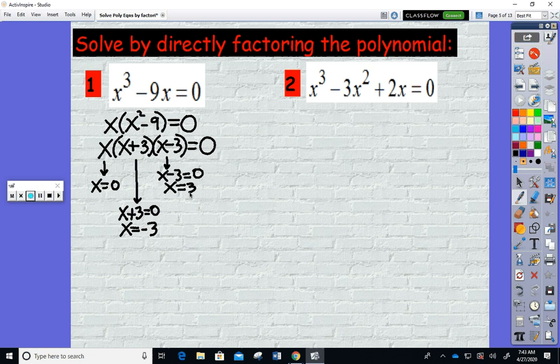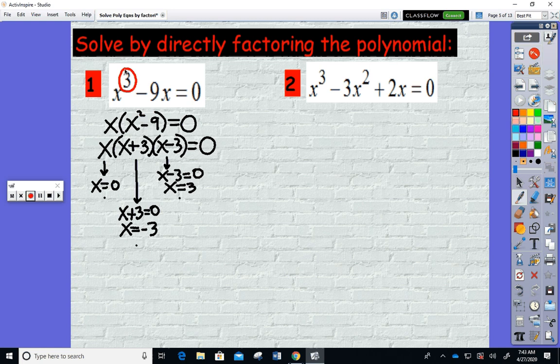Well, I see 1, 2, 3 single roots. Well, that's right, because I can tell I was supposed to get 3 roots because that was the degree of the original equation, which was in the descending order or standard form.